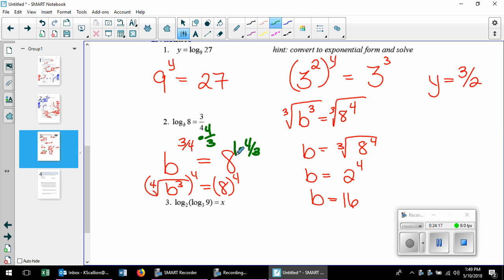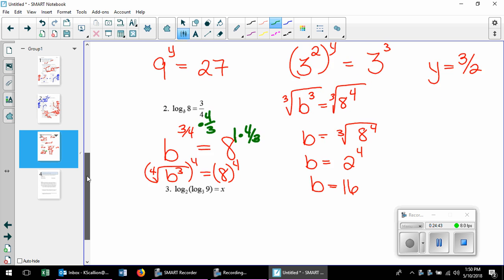But if you multiply this exponent by 4/3, you have to multiply this exponent by 4/3. And we did do a cube root. And we did do an exponent of 4. We did it all. I just showed you all those steps. But you can skip showing me all those steps and just multiply by the reciprocal to get it to 1. Gotta learn the basics, man.